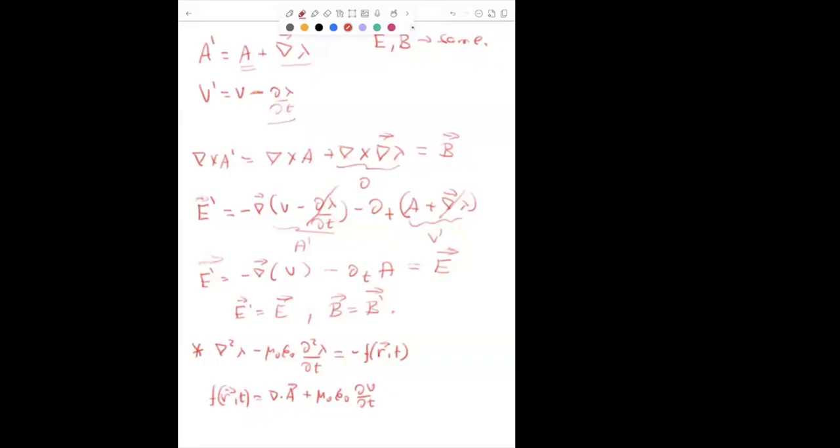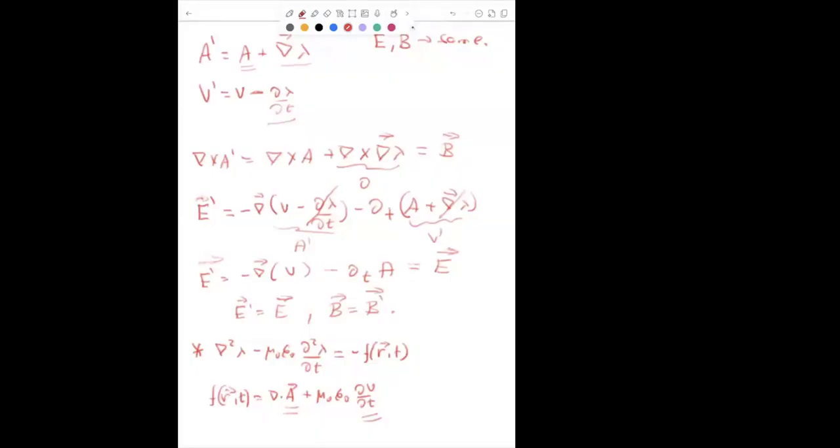So what am I saying here? Let us assume there is a solution of the Maxwell equations. Then there is some A and some V that solve the equation that we had before. And this solution, whatever gauge you choose, and it's totally arbitrary, gives you this function f. Then given this function f, which depends on your original A and your original V, you have an equation for lambda.